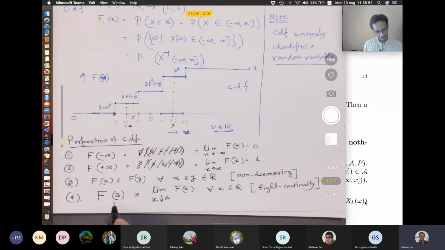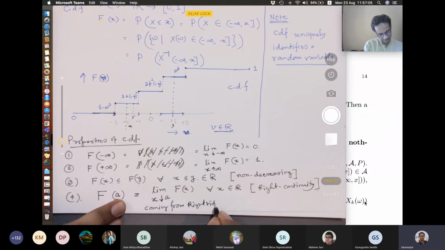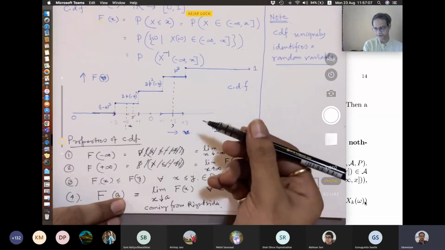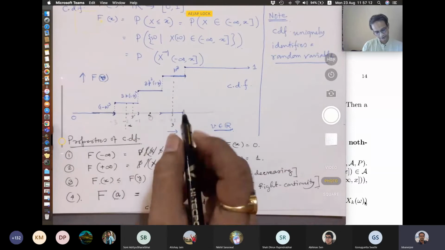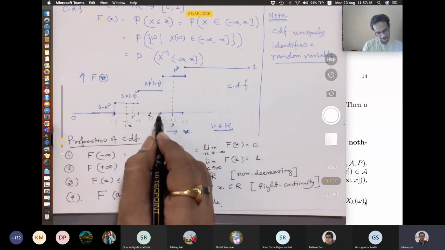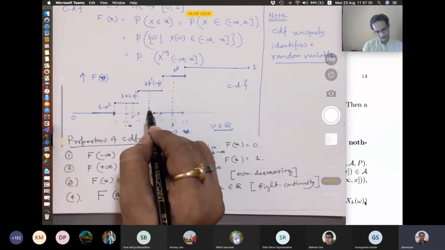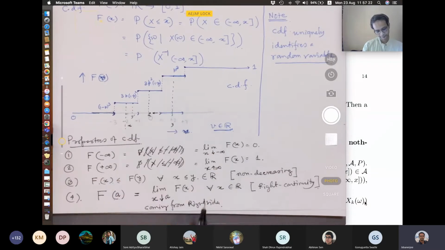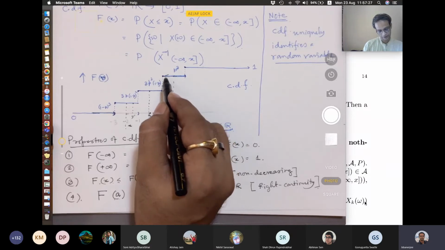Now finally, F(a) equals the limit as x comes from the right side. So x is gradually decreasing to a. If you choose any point, say this is a, and x is gradually decreasing to a, then the limit will be F(a), and that will hold for these boundary points also.